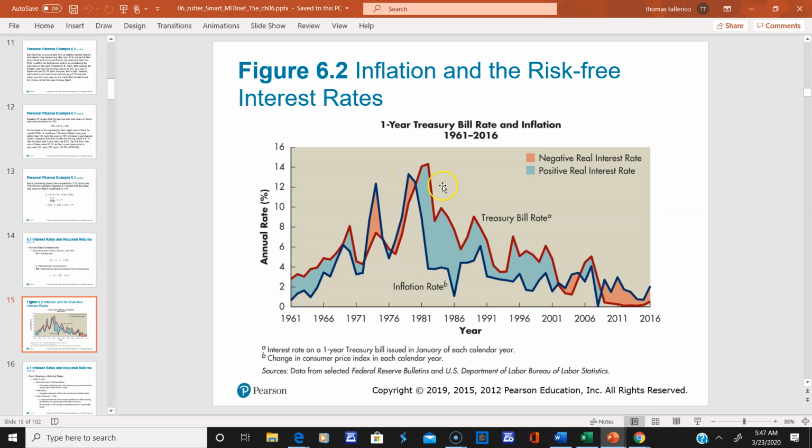They're showing you what was a positive real interest rate and what was a negative real interest rate, and that's what these colors are showing. Here's the inflation, and here's the treasury bill, and you can see you have a negative real interest rate here, and in different periods there were negative real interest rates.